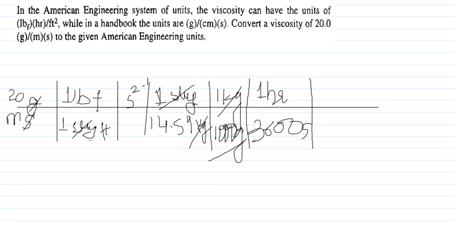To cancel this meter, we put it on the upper side of the horizontal line so that meter and meter cancel, and 1 meter is equal to 3.28 feet. So meter is cancelled with meter, and what remains is LBF hour per foot square.